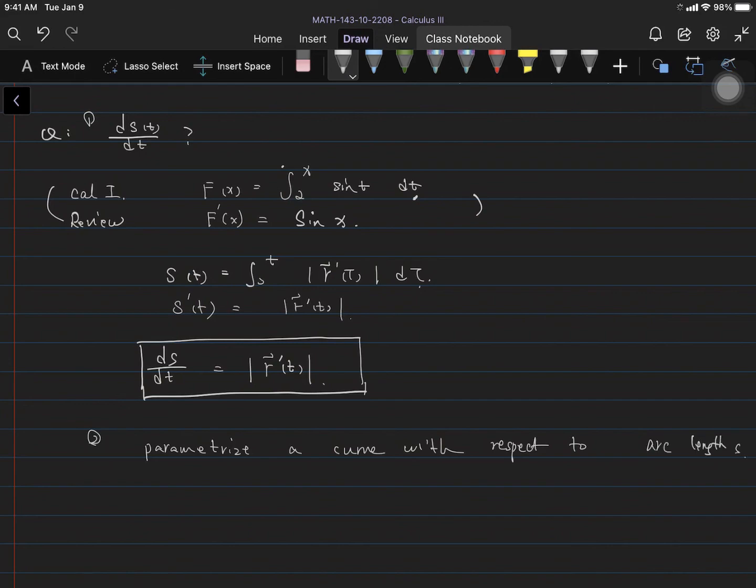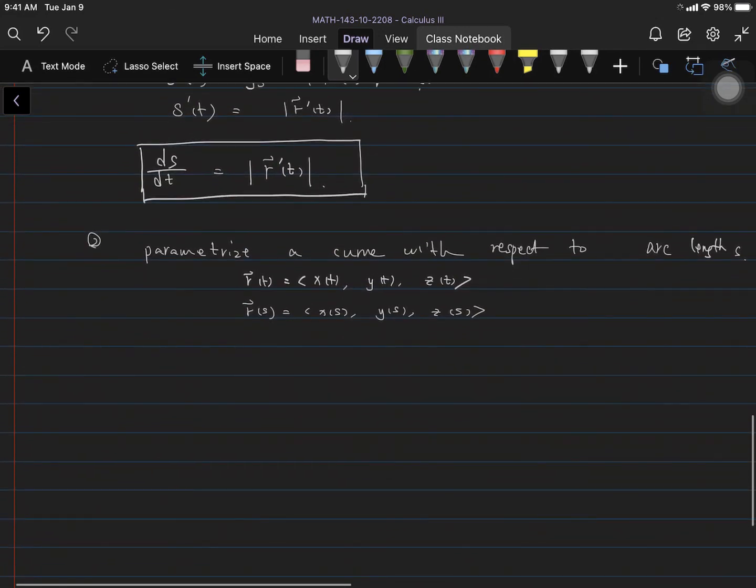So what's the meaning of this one? Before, we have r(t), for example, equals x(t), y(t), z(t). And t is the parameter, right? But right now we want to express this by using s, the arc length, as x(s), y(s), z(s). We want to use s as the parameter. I'm going to show you how to do that.